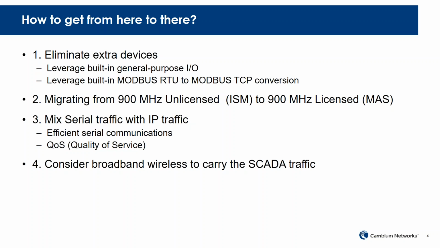And then, of course, the other way that people are migrating, and this is something that Cambium can bring to the table, is the ability to overlay broadband wireless with the narrowband. So you might overlay a 5 gigahertz PMP450i network with your licensed traffic, and then use the broadband network for out-of-band management of the radios, and then also other things like remote office access, Wi-Fi access points, or even video surveillance, for example, using the broadband out to the site.